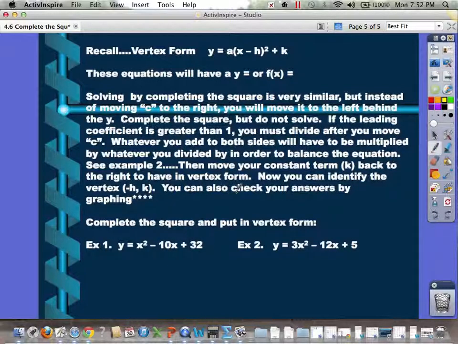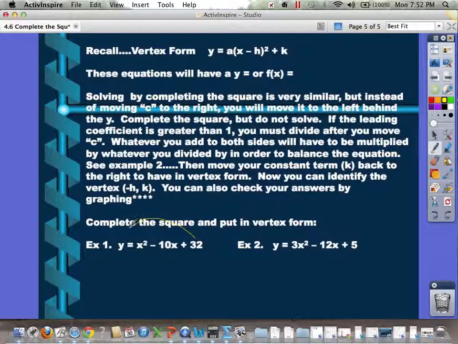You can also check your answers by graphing these. Anytime you have it like this, and then you put it in vertex form, you can check to see if it's the same graph, and I'll show you how to do that with the calculator in just a second. But let me show you how to do one without the coefficient that's bigger than 1, and then one where it is.